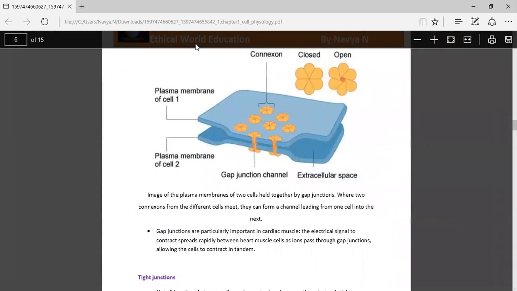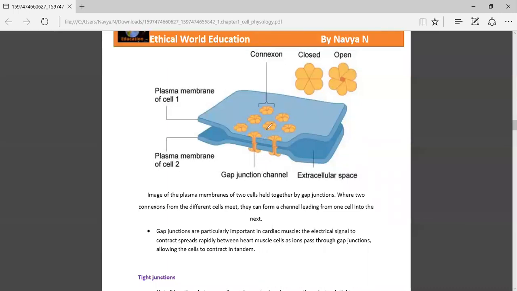In this picture we can see the plasma membrane, with two cells held with a gap between them. This is connexon one and two.